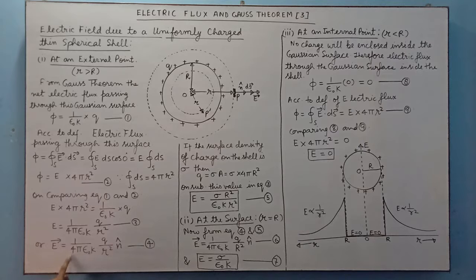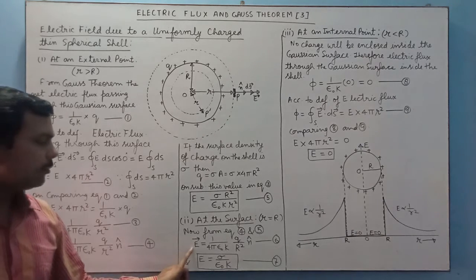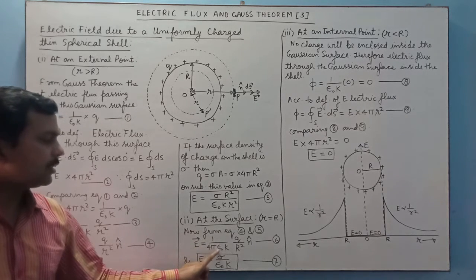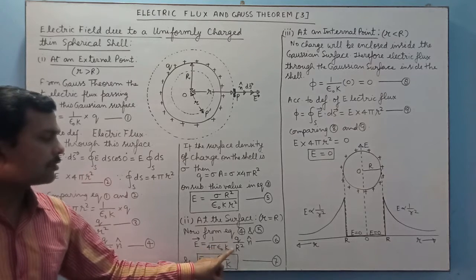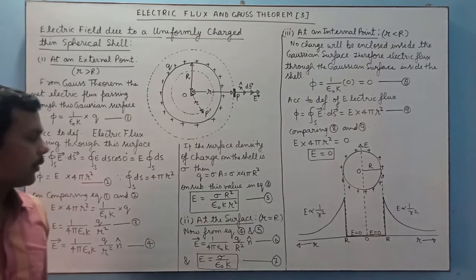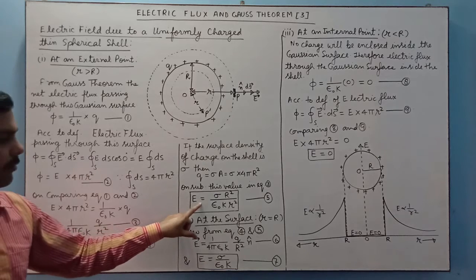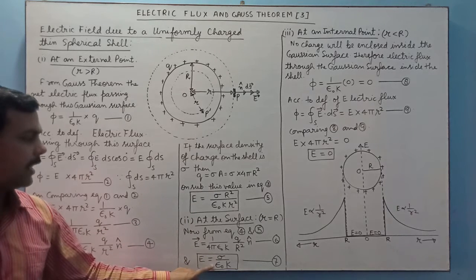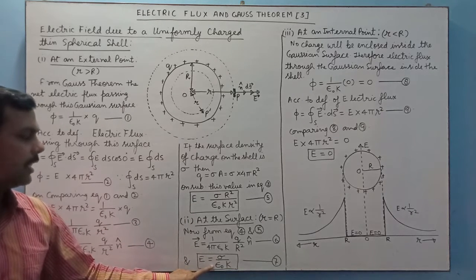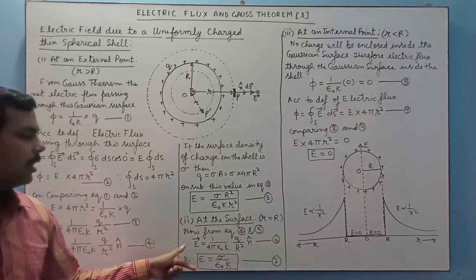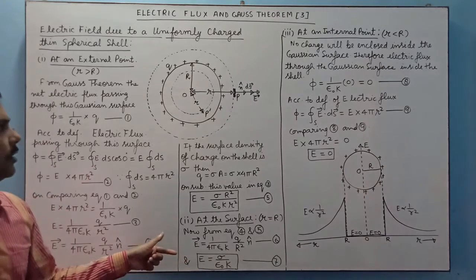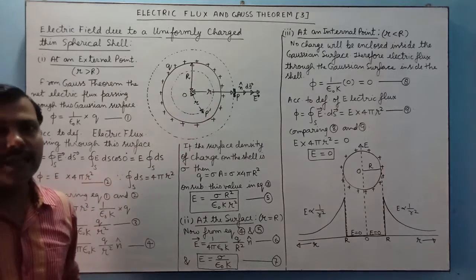So from this equation number 4, we may obtain E vector is equal to 1 upon 4 pi epsilon 0 k q upon R square n cap. Also from equation number 5, E is equal to sigma by epsilon 0 k. These are equations for intensity of electric field at the surface of the spherical shell.